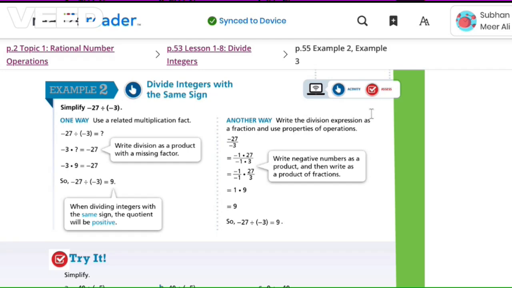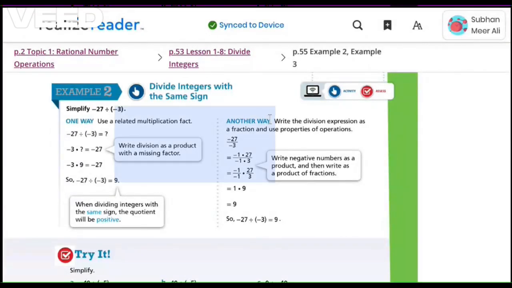It seems like what they're doing here is taking the division and expressing it as a fraction, which is completely fine. And then they pull out the negative 1 from both the 27 and the 3, and then they separate negative 1 over negative 1 from positive 27 over positive 3. Negative 1 divided by negative 1 is 1, and 27 divided by 3 is 9, and so they get the answer of 9.